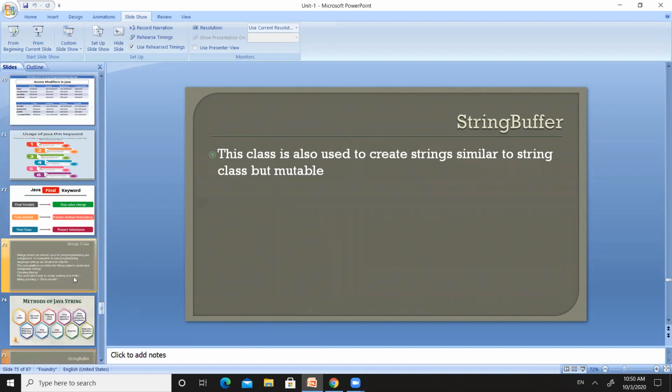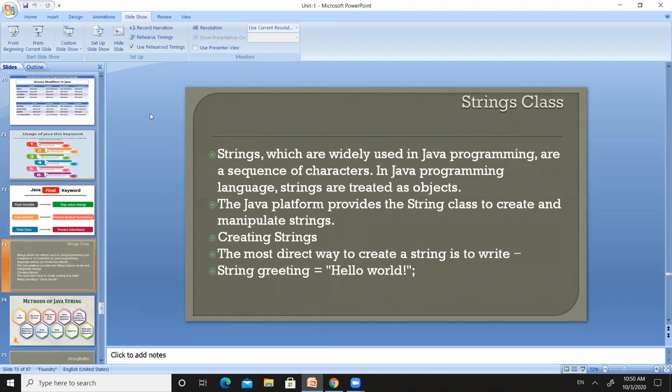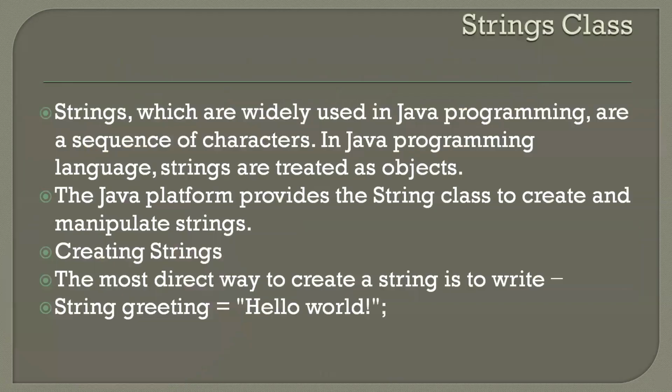So in C, character array is used to define a string, but in Java, in order to create a string, we need to create an object for string class, or we can simply use String variable name equal to some string, right? I will show it in the program, don't worry.